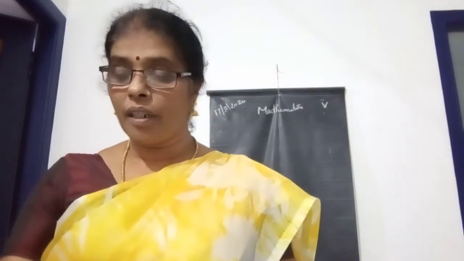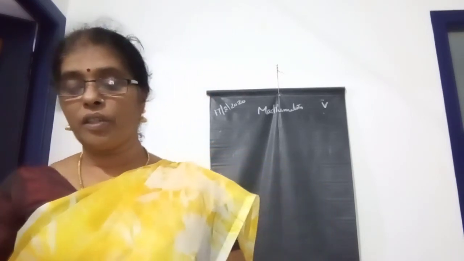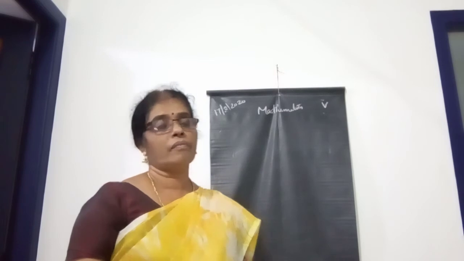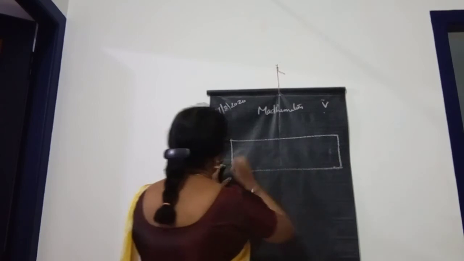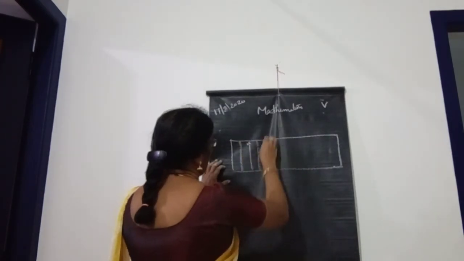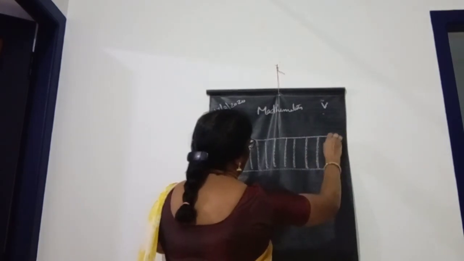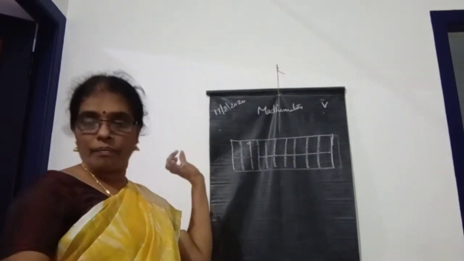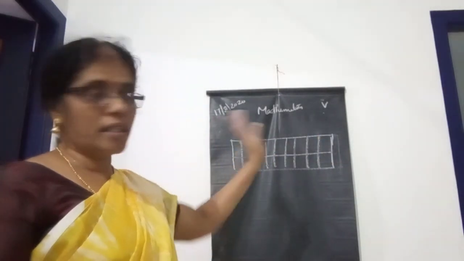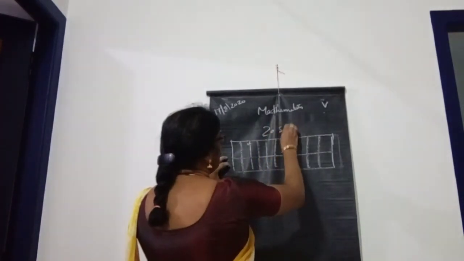Next one. Draw one straight line in this rectangle to divide it into two equal rectangles. What is the area of each of the smaller rectangles? The question is, draw one straight line in this rectangle, which is also 20 square centimeter.